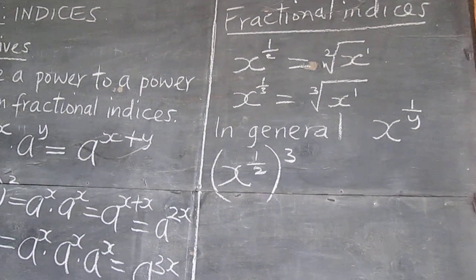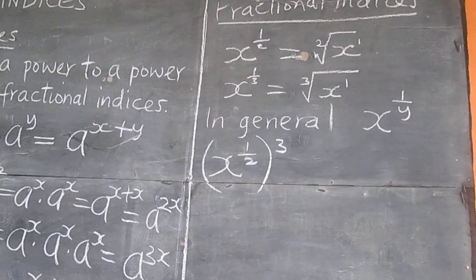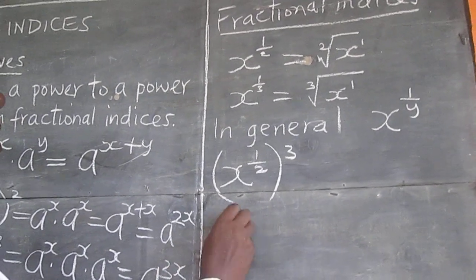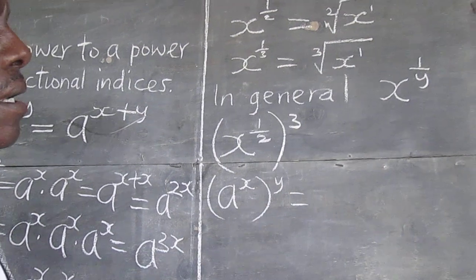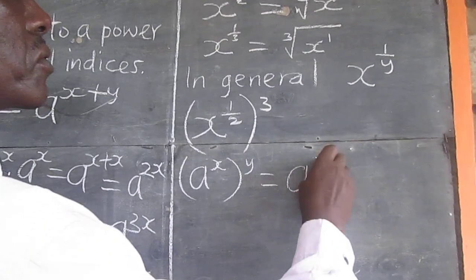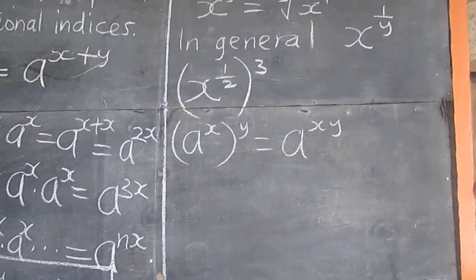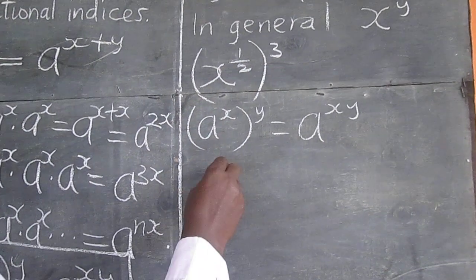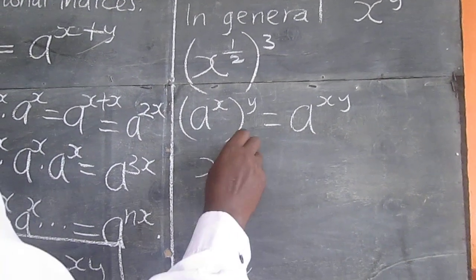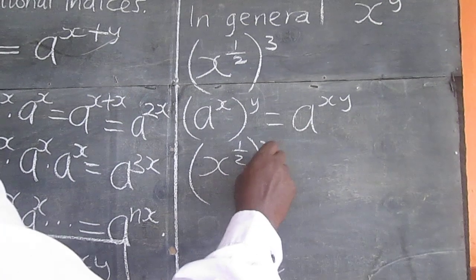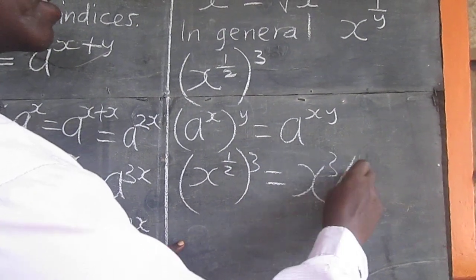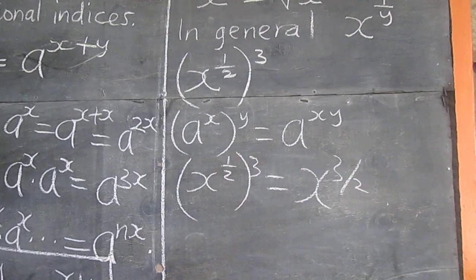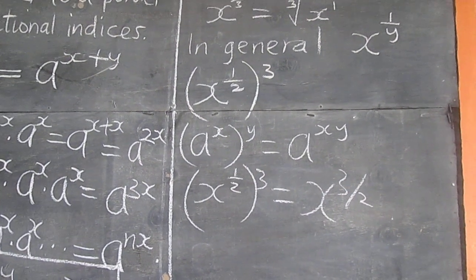From the law we have just looked at, (a raised to x) raised to y becomes a raised to xy. Applying the law, therefore, we will get (x power half) raised to power 3 is the same as x raised to power 3 over 2, because you multiply a half by 3.